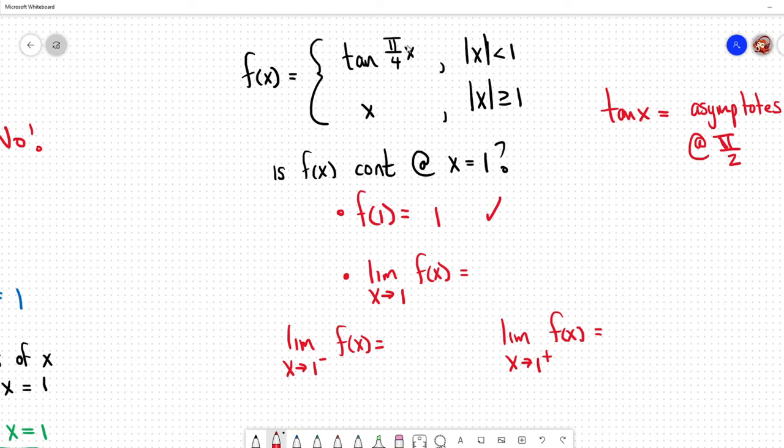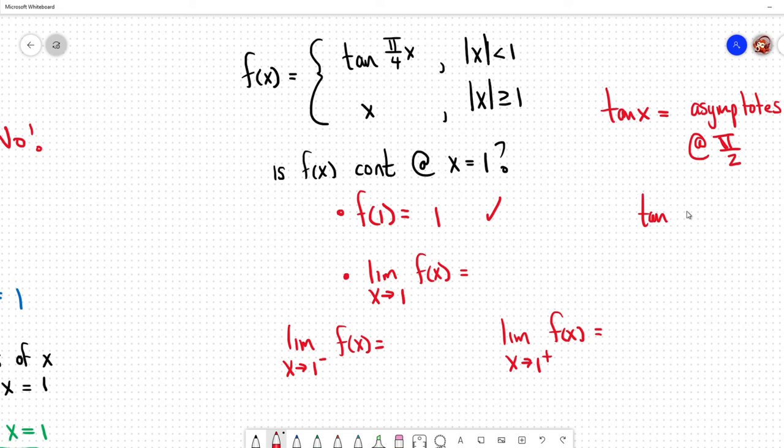So when would this be pi over 2? Because we don't have tangent of x, we have tangent of pi over 4 times x. I want to make sure that if we use 1, we're not on the asymptote, meaning it's okay for me to directly substitute.